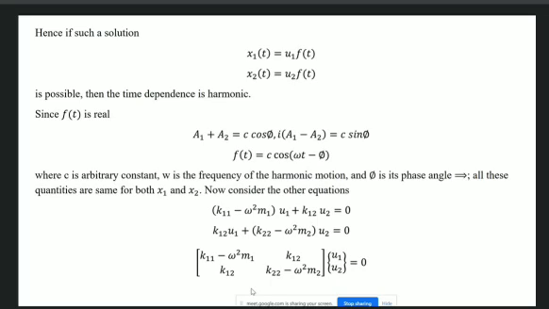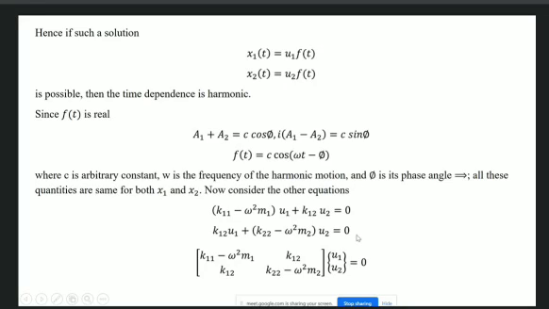Cramer's rule, say in x, y, z, will give us d1 by d, d2 by d, and d3 by d, where d1 is nothing but the matrix in which the first column is substituted with the right hand side vector. In the second case, the second column is substituted with the right hand side vector, and in the third case the third column is substituted.